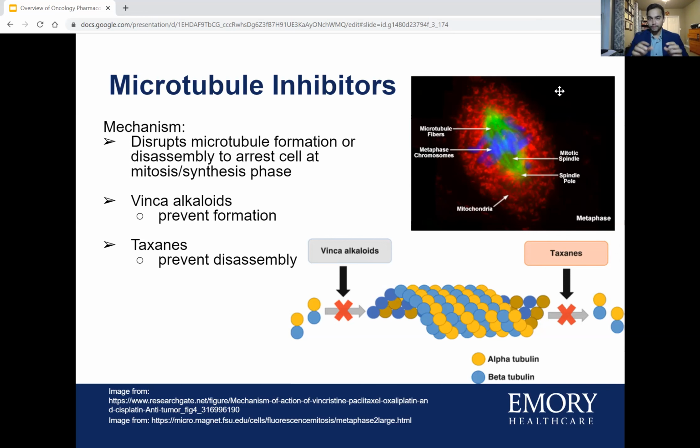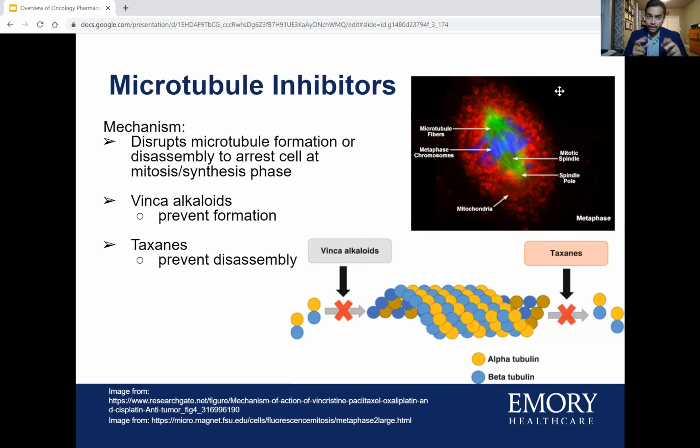So you see on the right this nice picture of the green microtubule fibers, and you can see the two polarized ends of the cells pulling apart the cell, and the DNA content is equally distributed. So it's very important for microtubules to be lined up properly to allocate the components of the cell.